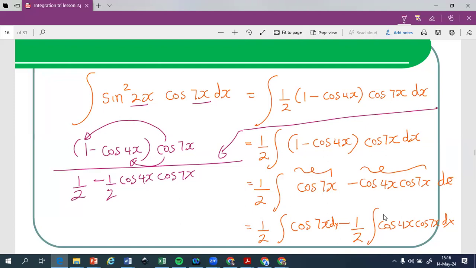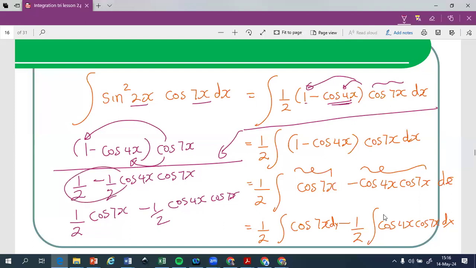Why? Because this cos of 7x affects everything inside the bracket. When you opened, it has only affected cos 4x, it has not affected the half. But if you had put it like a half cos 7x minus a half cos 4x cos 7x, that one is very fine. Okay, thank you, sir.